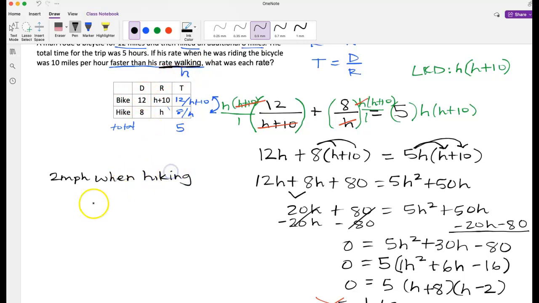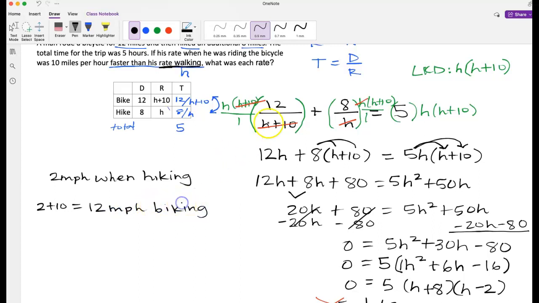All right, and then how are we going to figure out his rate when he was biking? Well, I'll put 2 in place of this h here. So 2 plus 10 gives me 12. So he's going 12 miles per hour when he's biking.